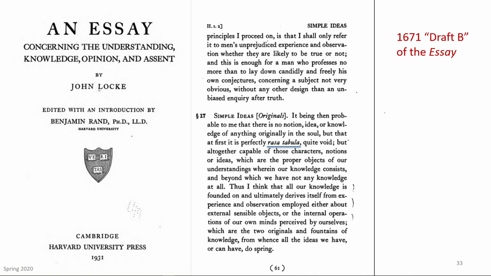And in this draft he says, "It being then probable to me that there is no notion, idea, or knowledge of anything originally in the soul, but that at first it is perfectly rasa tabula, quite void, but altogether capable of those characters, notion, or ideas which are the proper objects of our understandings," and so forth.